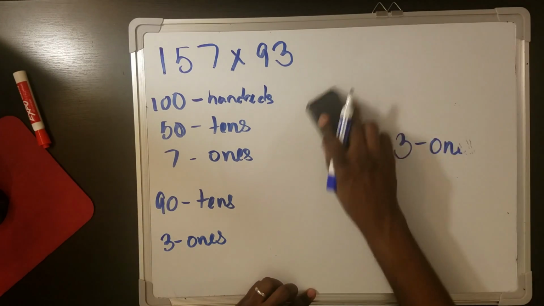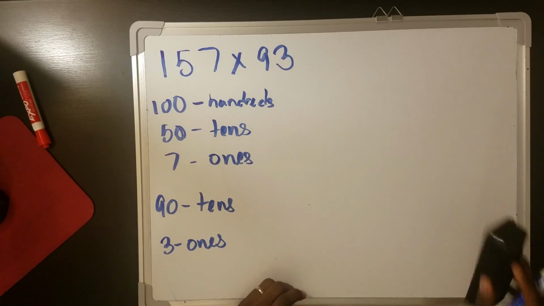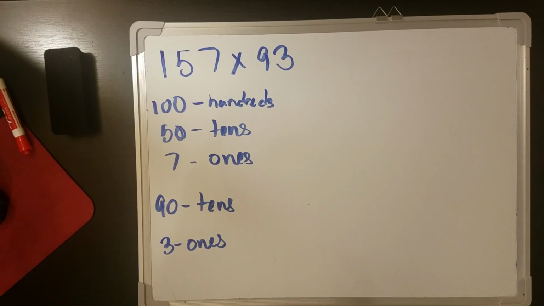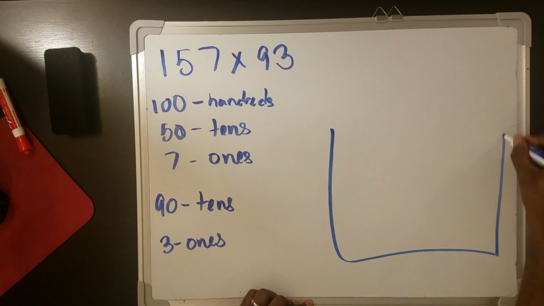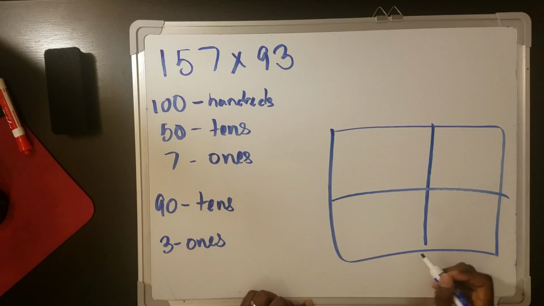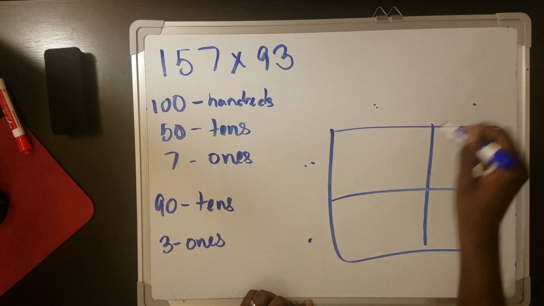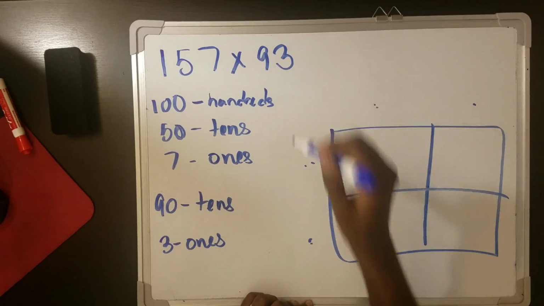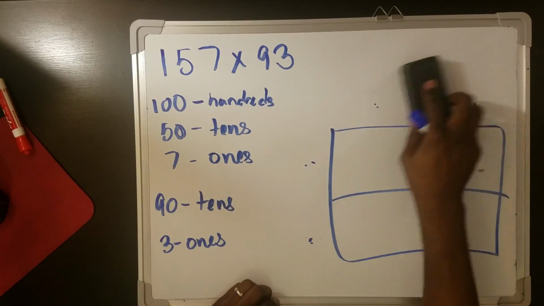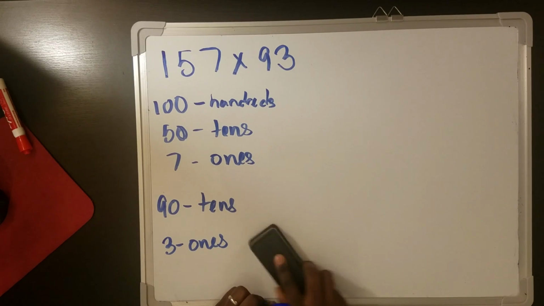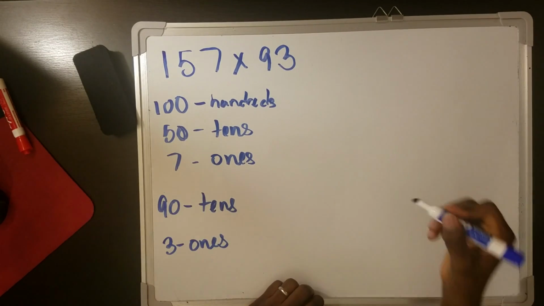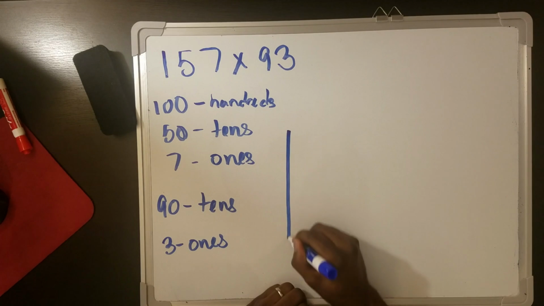All right. Now, this is where things get a little bit different. Not too different, but just a little bit different. We're going to have to draw a slightly bigger box. Because remember, our old box only had enough space for a tens and a ones, right? But now we have this 100. So we're going to make a slightly bigger box to make sure we have enough space for our 100.